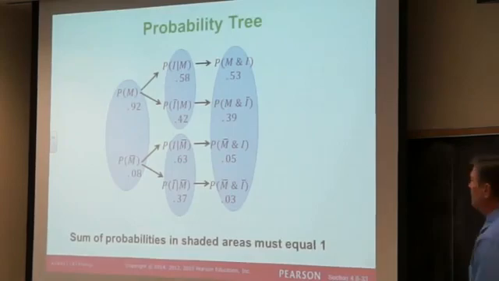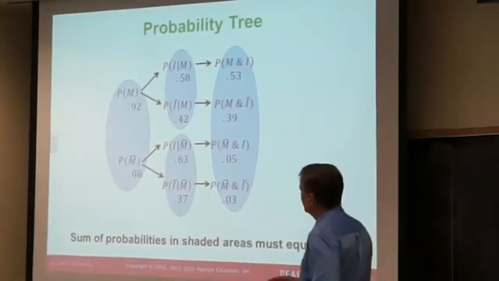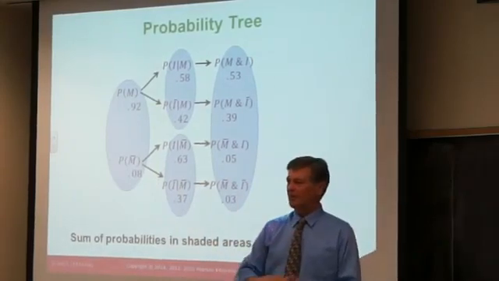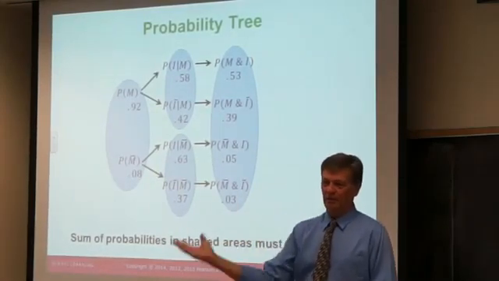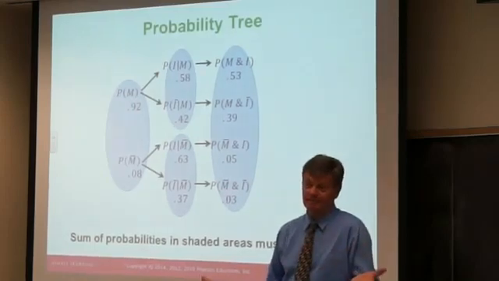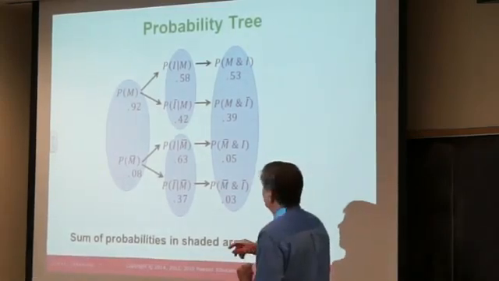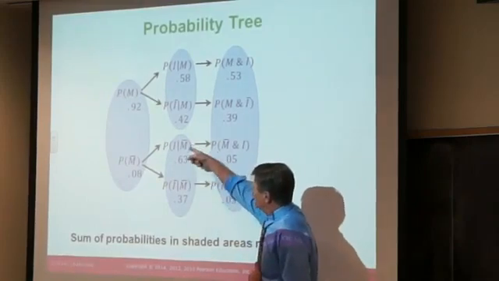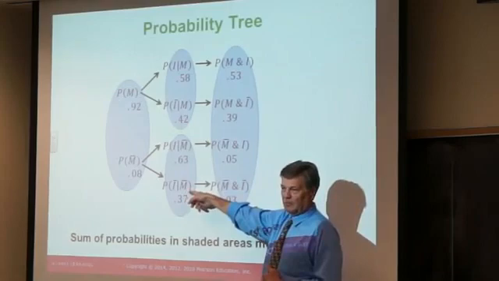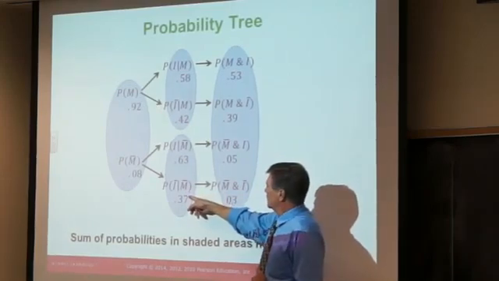For example, some of the basic rules. I'm starting out with either it's M or M complement. Either it's a male or not a male. Well, those two probabilities are going to add up to 1, aren't they? Now, in this area of the tree, I'm given that it's M complement. I have the female.